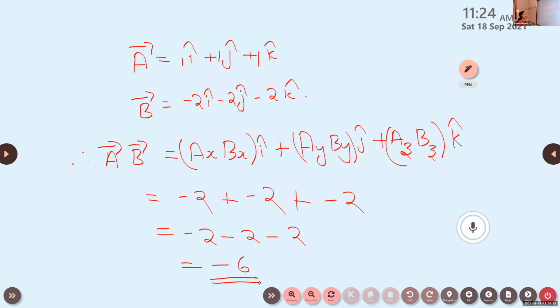In the denominator we have AB, where A represents the magnitude of vector A and B represents the magnitude of vector B. What is the equation for calculating the magnitude of a vector?